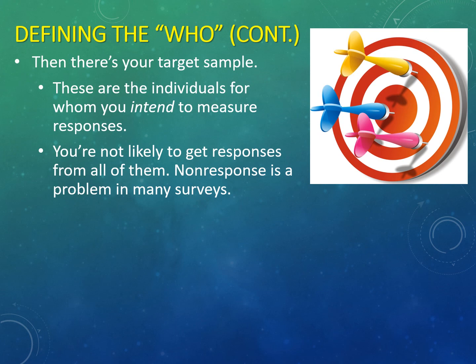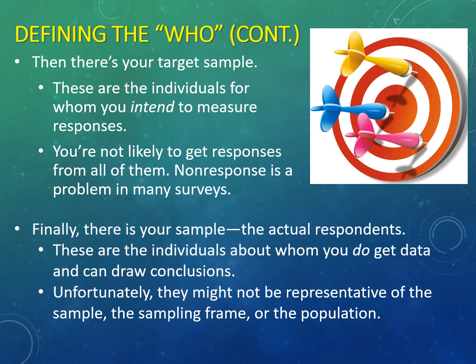You might have non-response where you supply the survey, but the answers do not, for some reason, come back to you. Either you couldn't get a hold of them or they didn't have the means of communication that you expected. Or maybe you have voluntary response bias, where only the people that feel very strongly about something will reach out and participate. So just because you've identified your group of interest doesn't mean they're all going to respond.